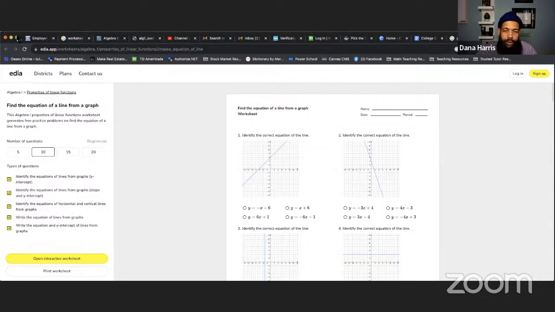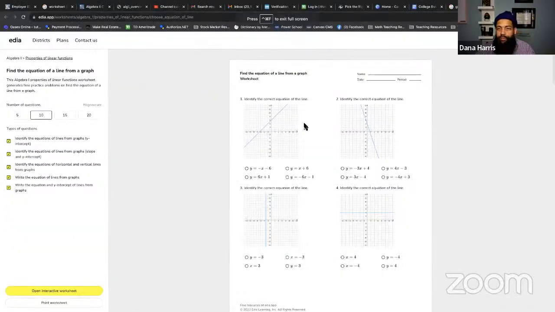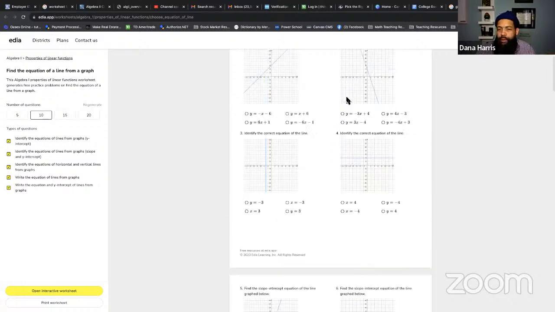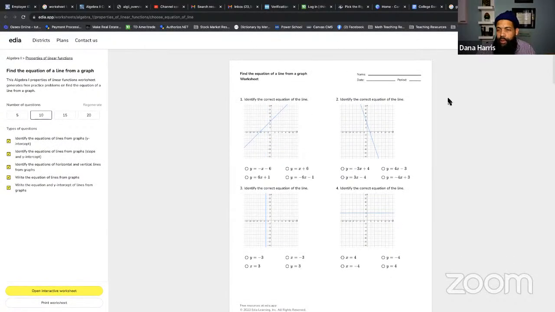Right click. Nope, it won't let me zoom in. No worries, we're going to get to it.